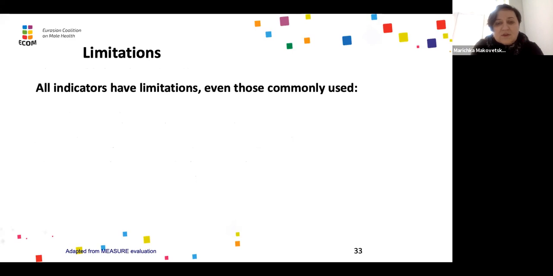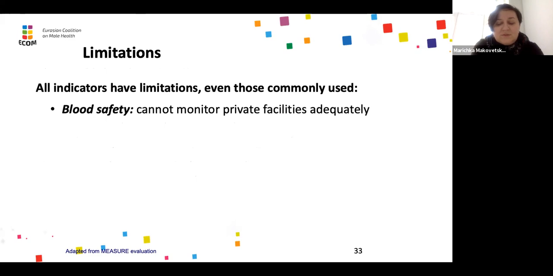And also it's good to talk about some limitations of the indicators that I want to present to you. So I picked a few indicators to show you some limitations that you should also understand and take into account. For example, if you work in a project with blood safety, or you work in an HIV project and you want to somehow touch blood safety, you should understand that you cannot monitor private facilities adequately, because private facilities sometimes are not responding and not providing information to statistical services.